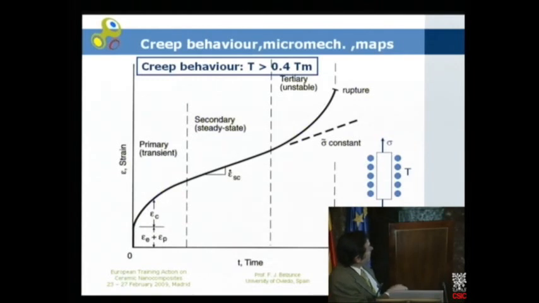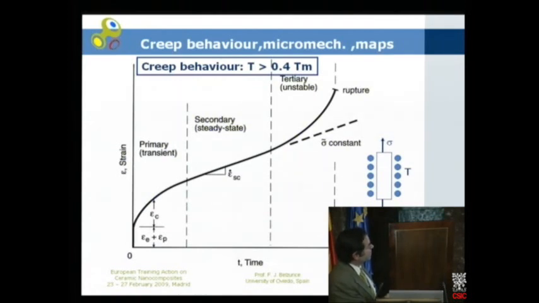And in this plot, we can see how the deformation develops in front of the time. You have to take into account that the temperature is constant and the stress is also constant. So we can see that instantaneously here, there is some instant deformation.